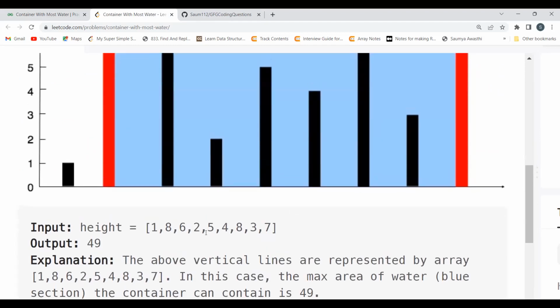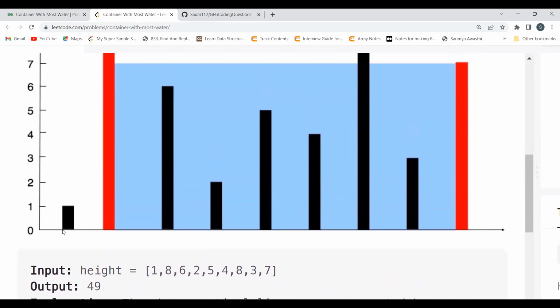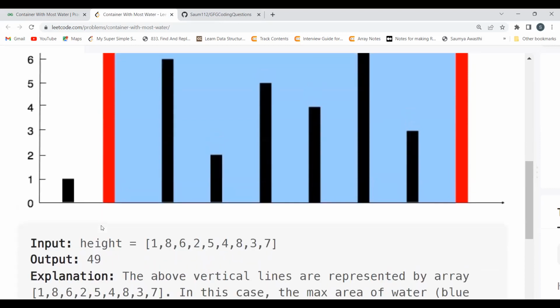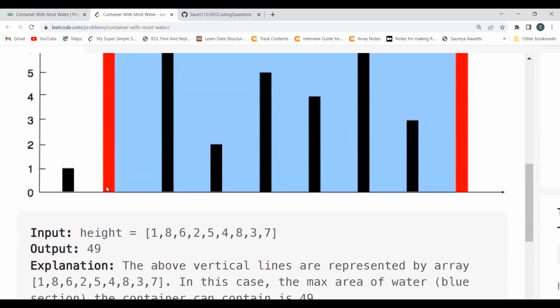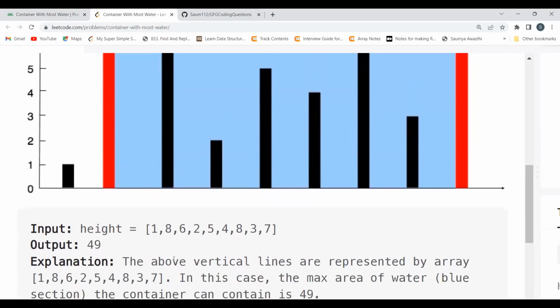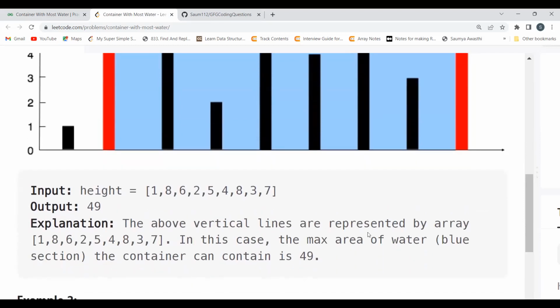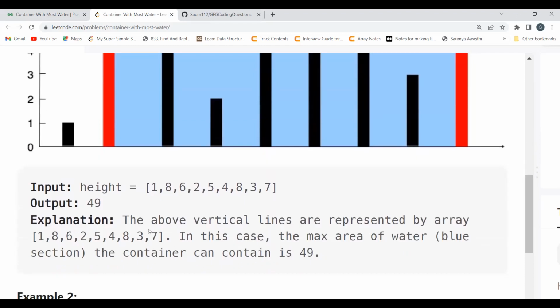You can see the distance between them: this is on the 0th index, then first, second, third, fourth, fifth, sixth, seventh, eighth. Overall there are 9 elements. So the max area of water the container can contain is 49, so for this given array, the answer is 49.